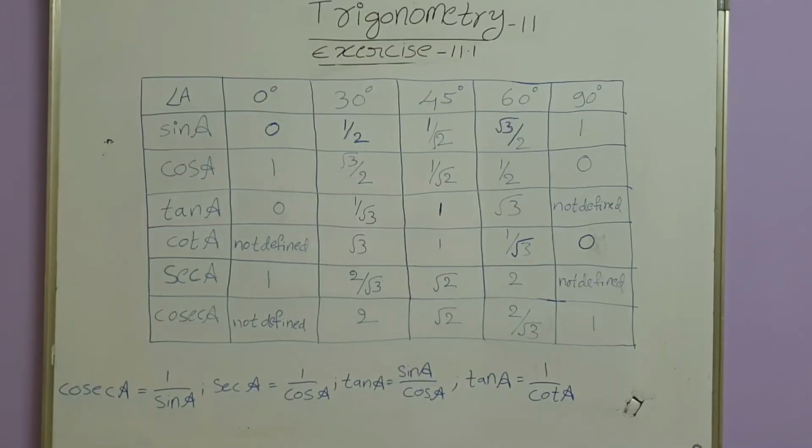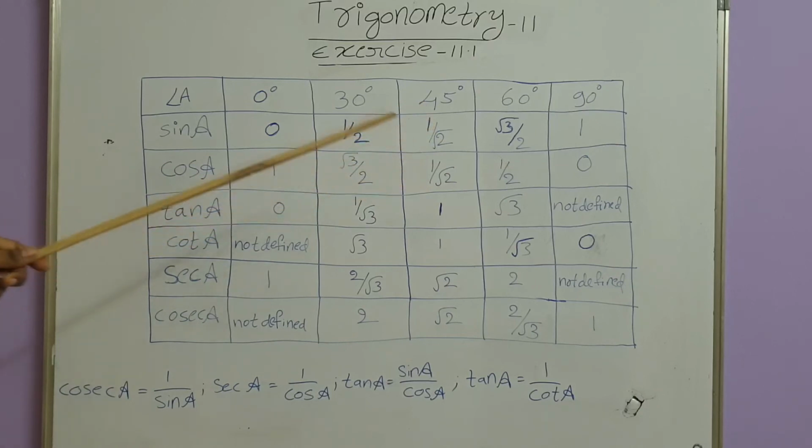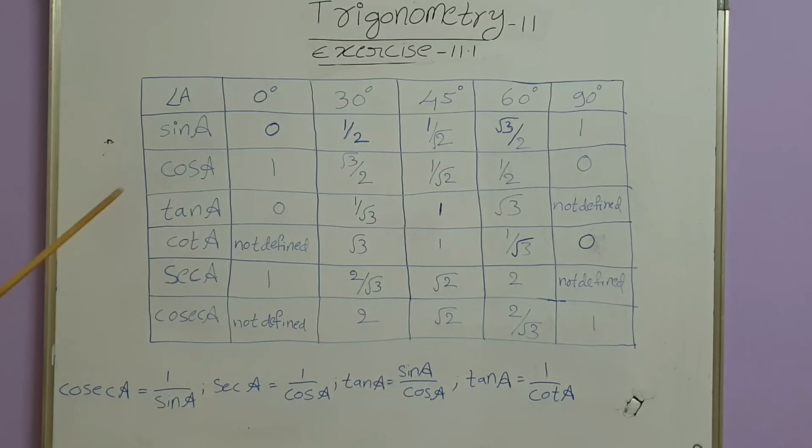In this, see this table of angles. Sin 0 degree value is 0 and sin 30 degree value is 1 by 2 and sin 45 degree value is 1 by root 2. Sin 60 degrees value is root 3 by 2. Sin 90 degree value is 1 and cos 0 degree is 1.